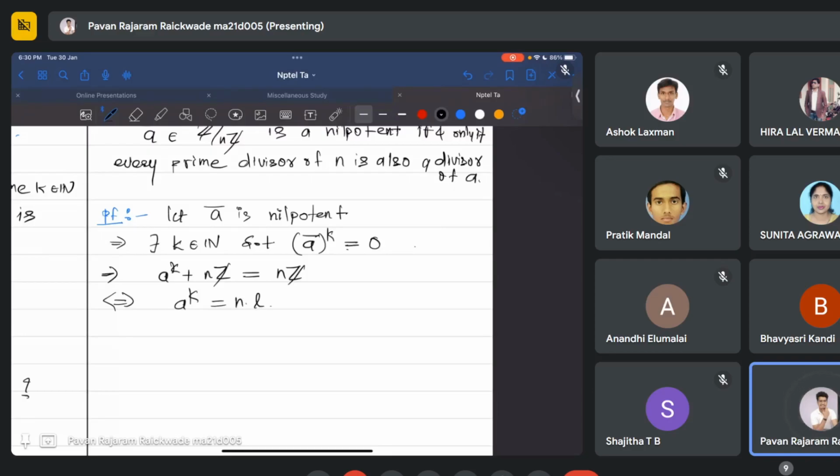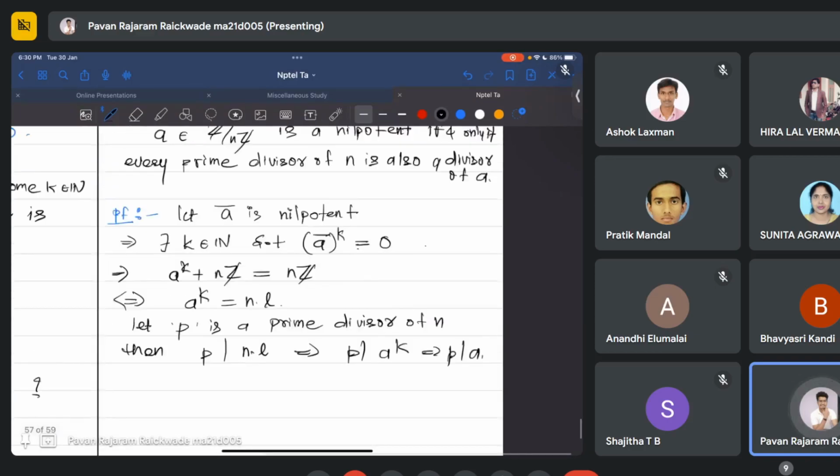Now suppose p is a prime divisor of n. Then naturally p will divide n times l, which implies p will divide a to the power k. But since p is a prime, this should imply p will divide a, right?